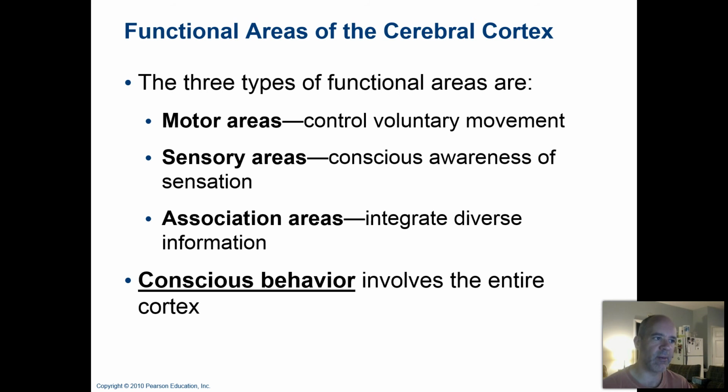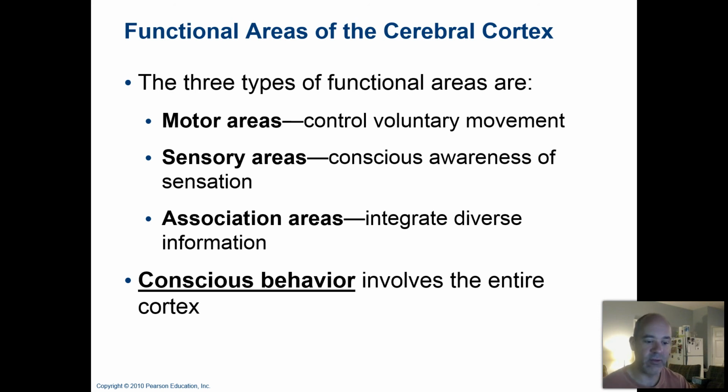Association areas in the brain take that smell information that has come in from the nose and relate that to past memories about things that we have smelled and come up with the idea that, hey, that's a match that's been struck. Or, when you hear somebody's voice and you know that person, you have neurons in your brain that are hearing these sounds.